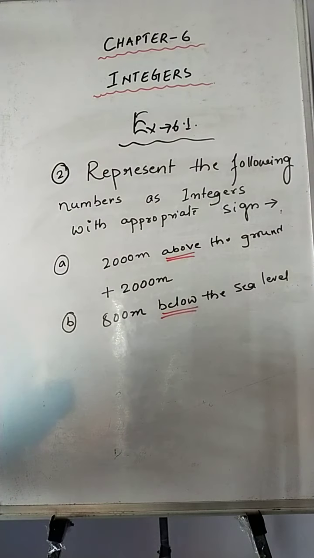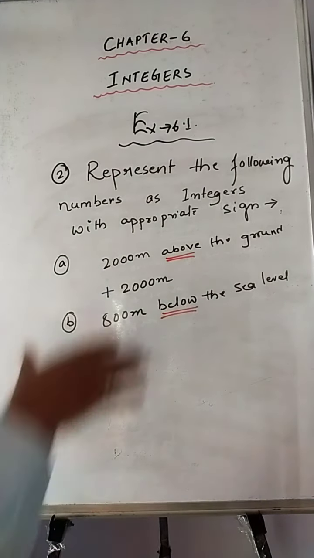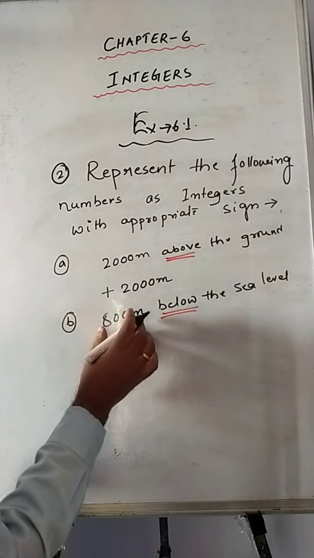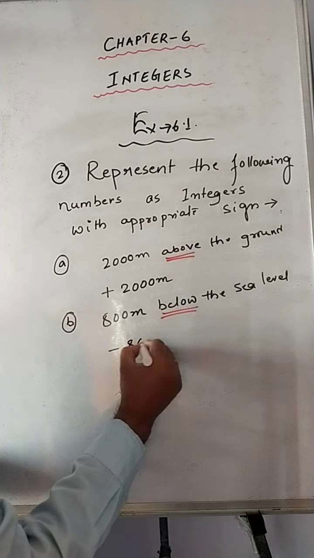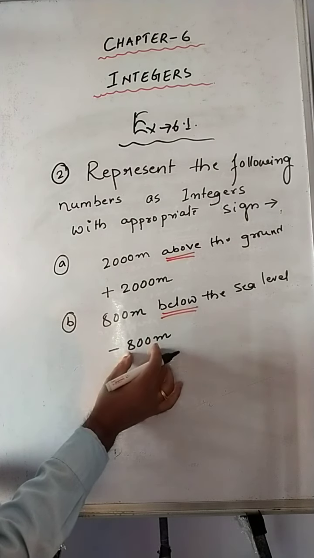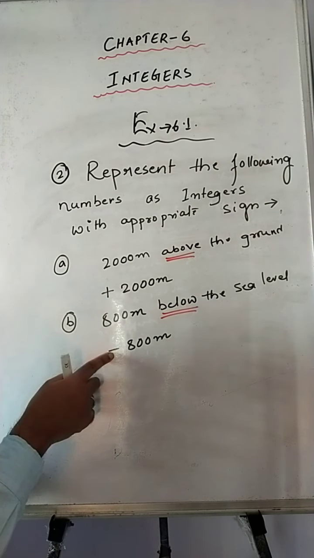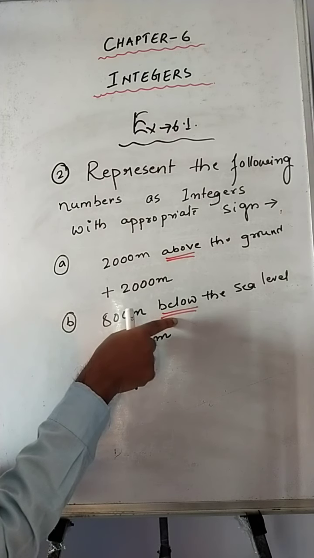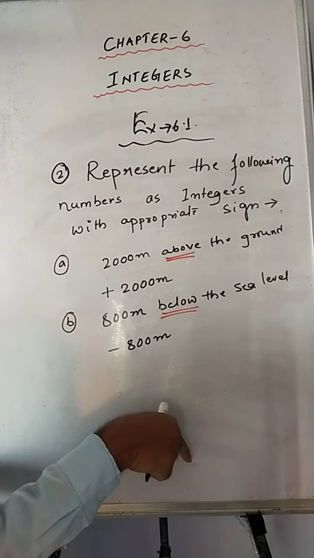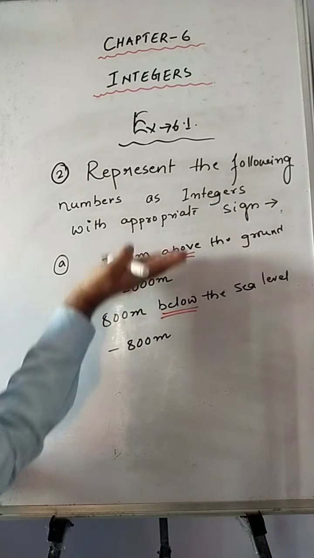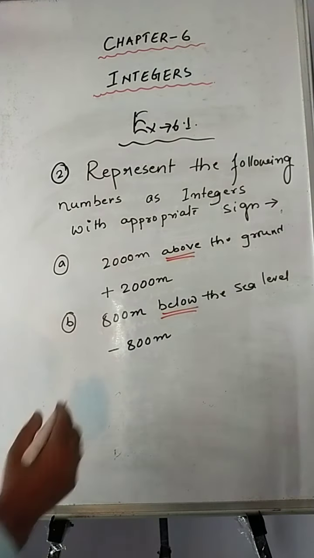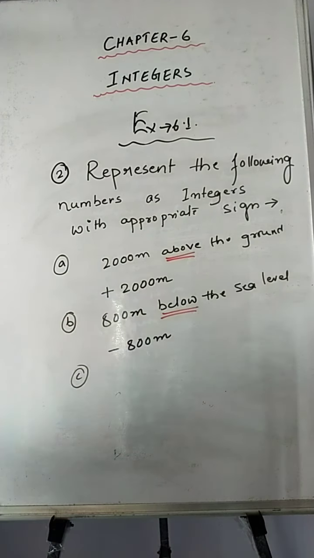When below is written, that means something negative, something down. So 800 meter can be represented as minus 800. The appropriate sign is minus, because it is representing below the sea level. The first one was above the ground. Above means something higher. Okay. Now let's see number C.